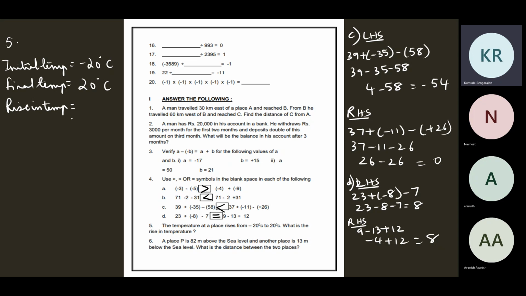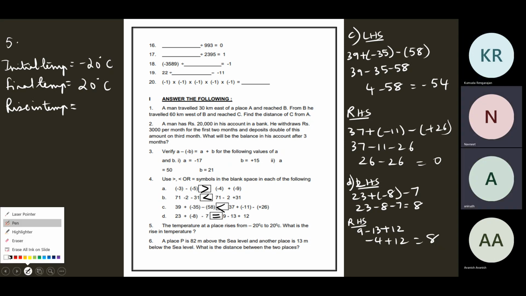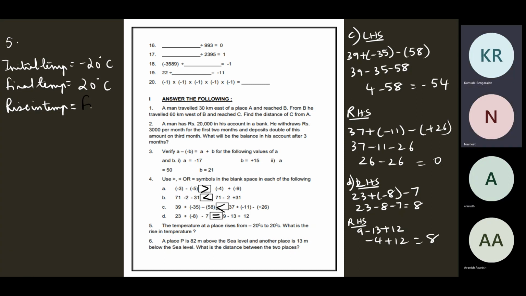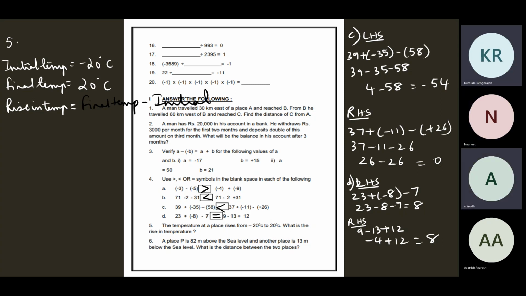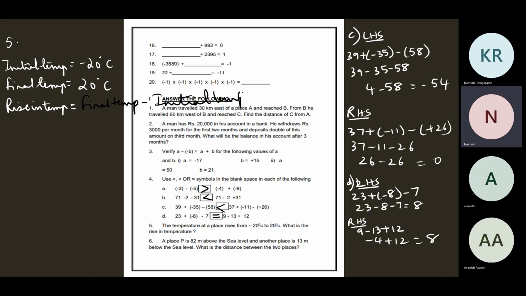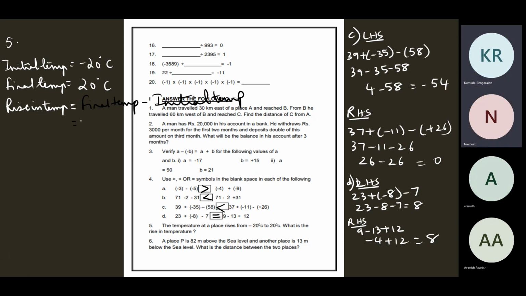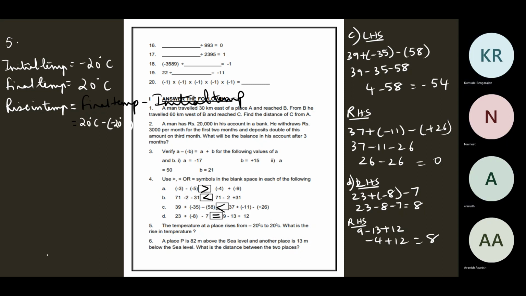Rise in temperature is equal to final temperature minus initial temperature. That is equal to, what is the final temperature? 20 degrees Celsius minus the initial temperature, minus 20 degrees Celsius.